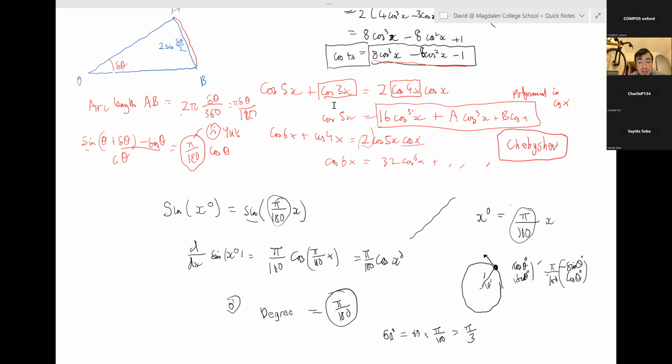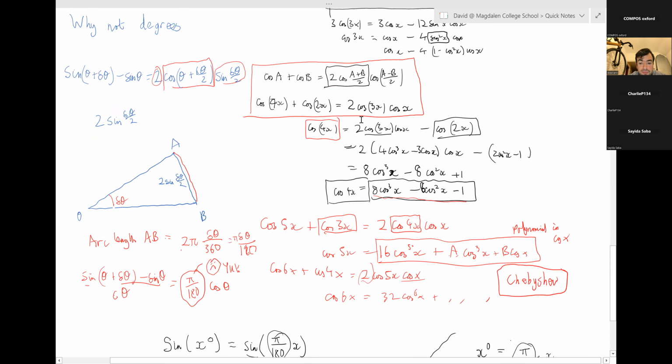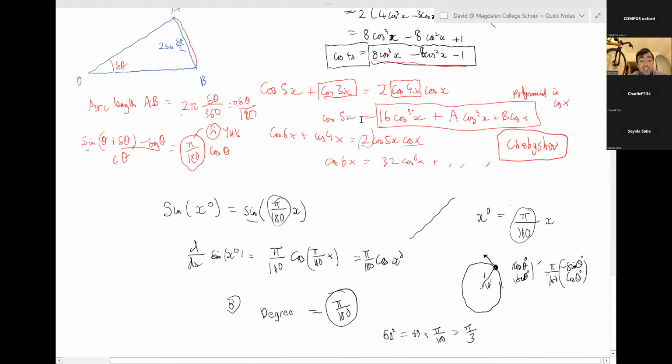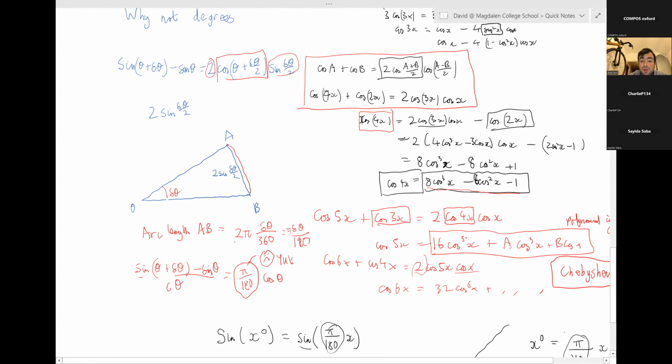Someone has asked, I should have checked the chat earlier, somebody has asked me a very good question. How come it jumps from cos cubed to cos 5x?